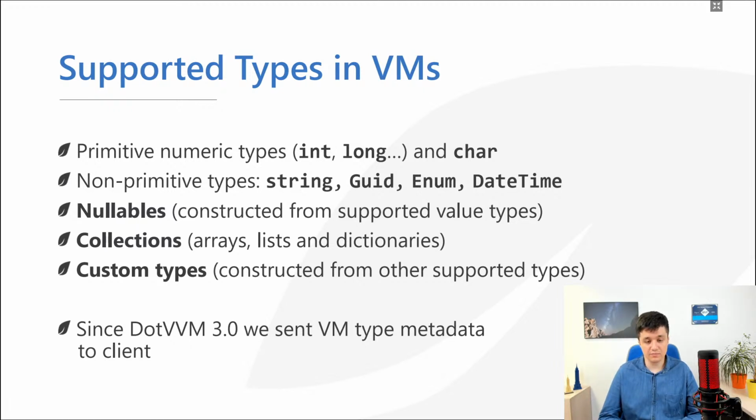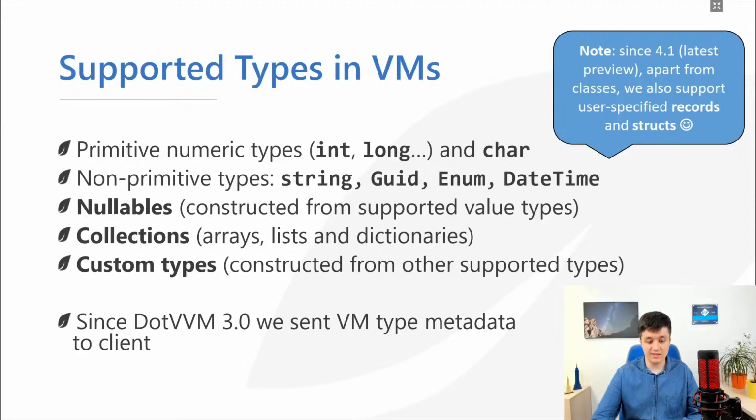And there is one little addition that we are introducing in DotVVM 4.1, which is now already in preview, and that is that we are supporting also records and structs. Not only classes anymore, so since DotVVM 4.1, you'll be able to use also records and structs.